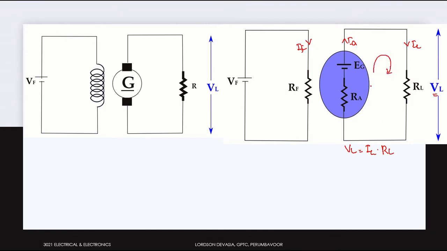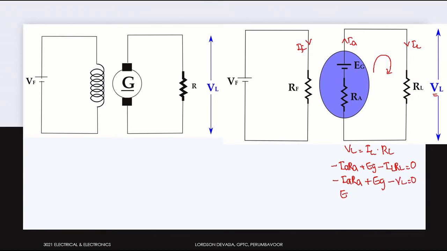Applying the Kirchhoff voltage law in that circuit, the current through RA is IA, so the drop is IA RA, then a voltage rise EG, then there is another resistance and current is IL, it is a drop, so minus IL RL equal to 0. That is, minus IA RA plus EG minus IL RL, where IL RL is VL, equal to 0.